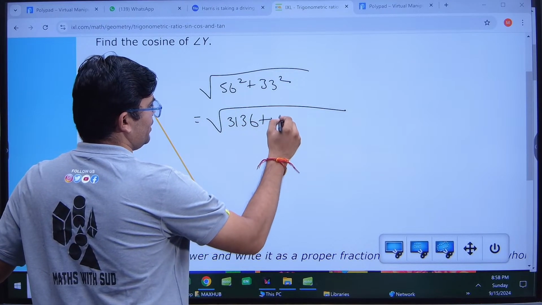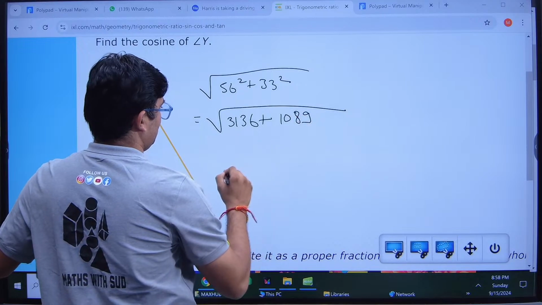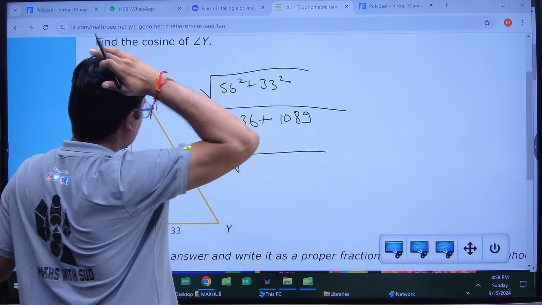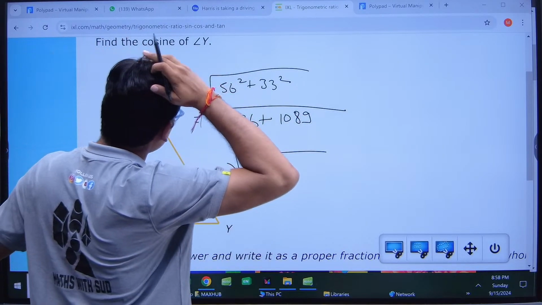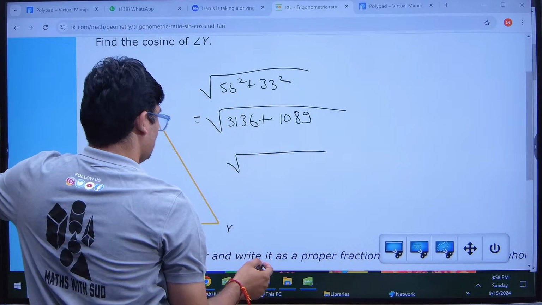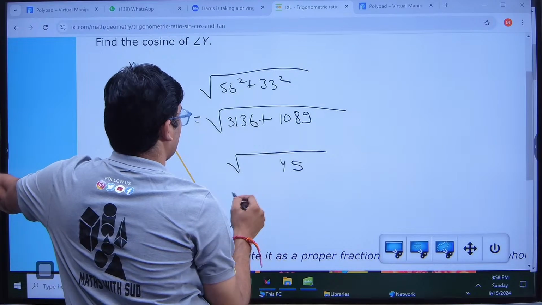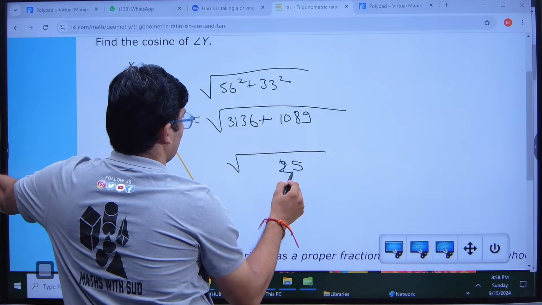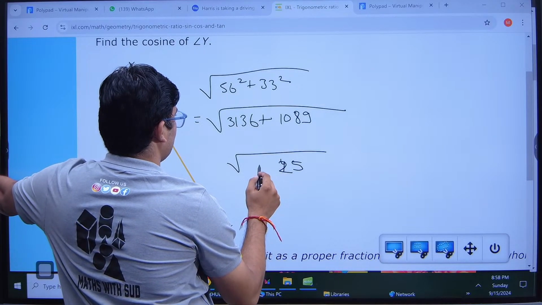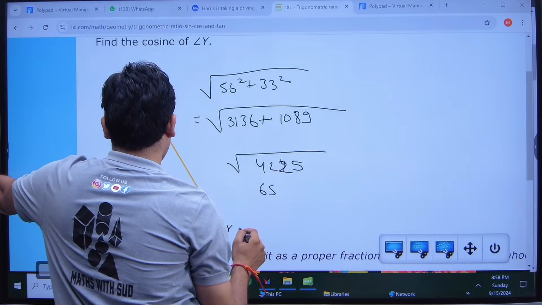And 33 square is 1089. So add them and find the square root. So it is 65.